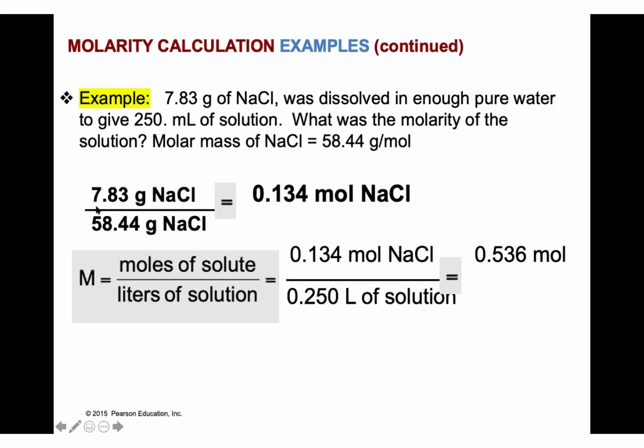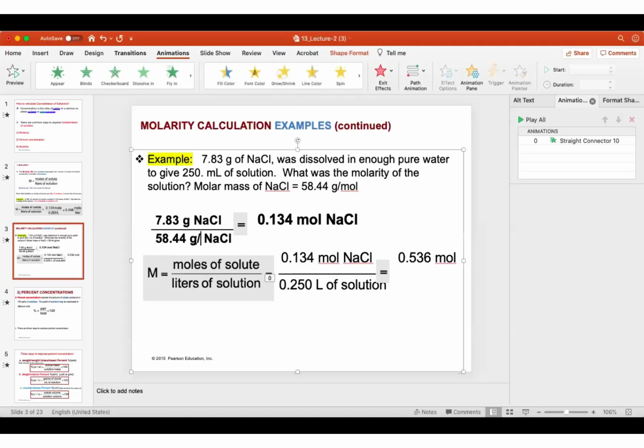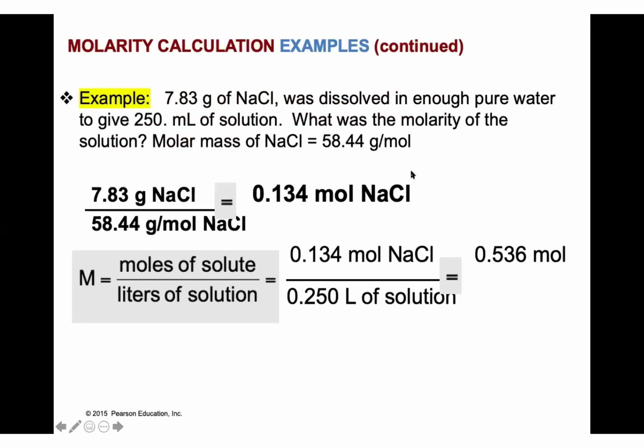So first I will convert it to moles, divide by 58.44 grams per mole, because we know that the unit for the molar mass is gram per mole, and you see that 0.134 mole of NaCl.